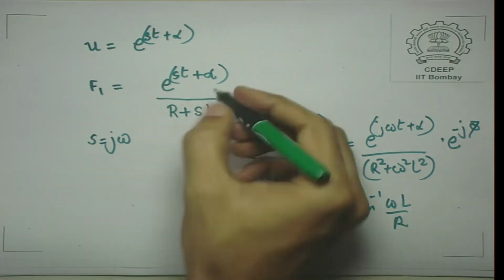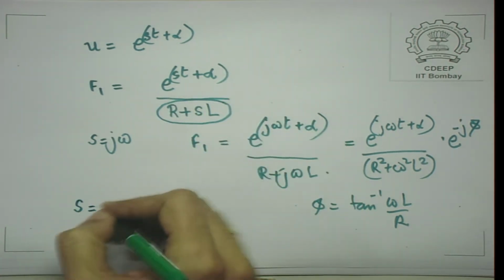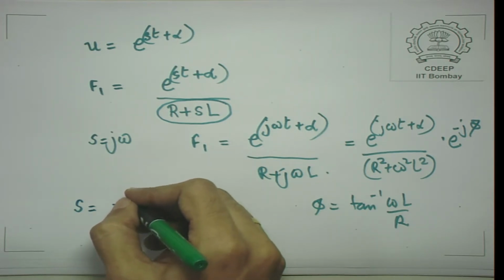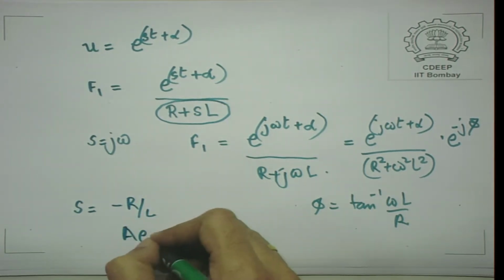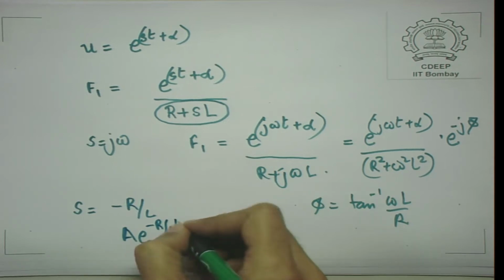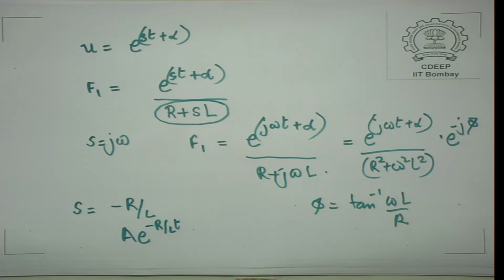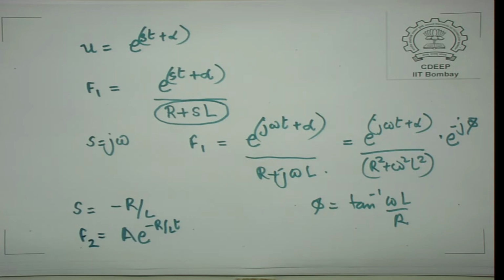Interestingly, the root of this denominator, S is equal to minus R by L, is also the constant which appears in the exponent, or the coefficient which appears in the exponent, of the natural response. Remember, the natural response always has a magnitude A such that f1 plus f2, which is the correct and complete response, satisfies the initial condition.